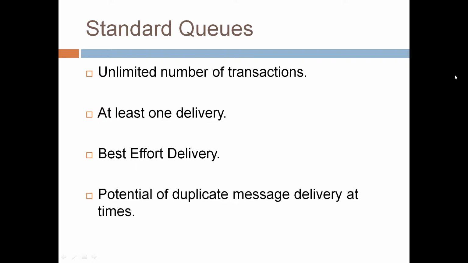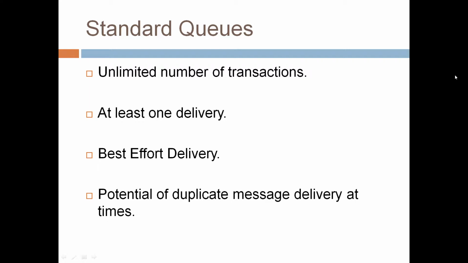And it has a feature which is best effort ordering, which essentially means that your messages might at times not be received in order, although the standard queue makes the best effort to maintain the order of your messages.